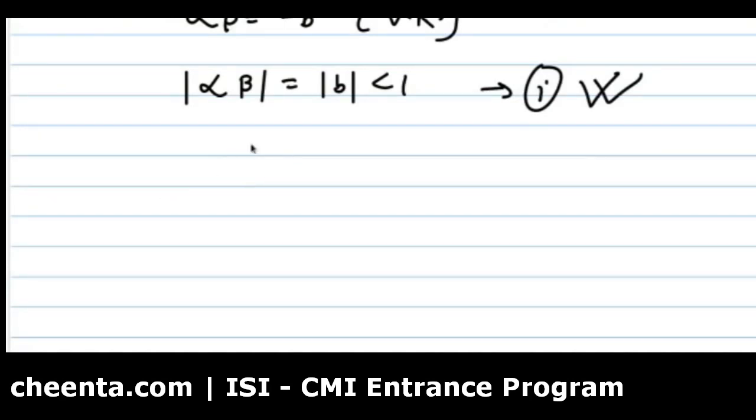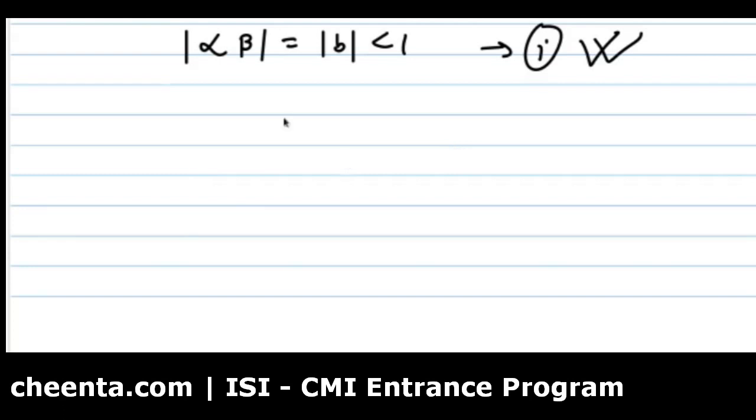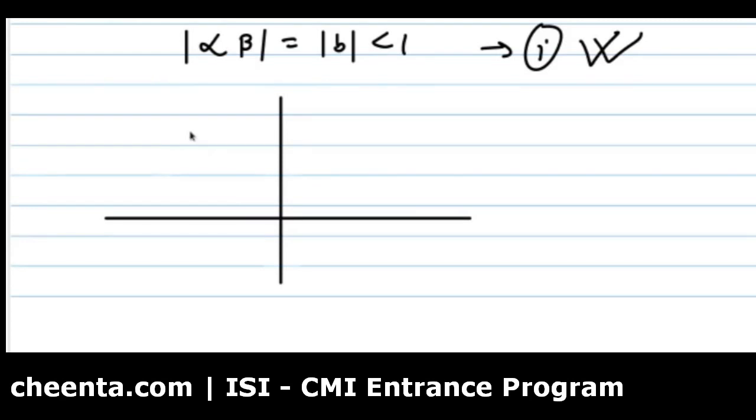Now part 2 and part 3, there's an interesting way. You can again expand alpha beta as the roots of the quadratic equation and do it that way, but let us do it graphically. So basically the graph of a quadratic equation is a parabola, and since it has two real roots, it will intersect the x-axis twice, right? And all the roots are in between 1 and -1.